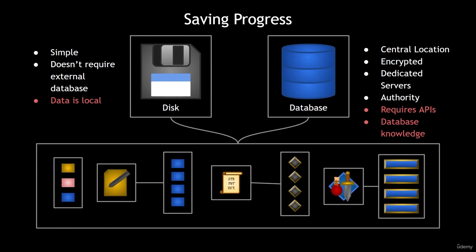So in this final section in the course, we're going to implement a save game system where we can save our progress and load back in the location where we were when we saved with the stats that we had when we saved.